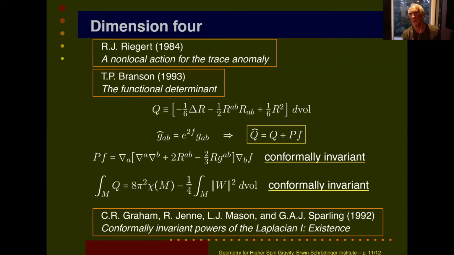I'll explain how that happens next time. But in even dimensions, it's much more subtle. So for example, you'll notice that this conformally invariant powers of the Laplacian existence sort of hints that there's another article.